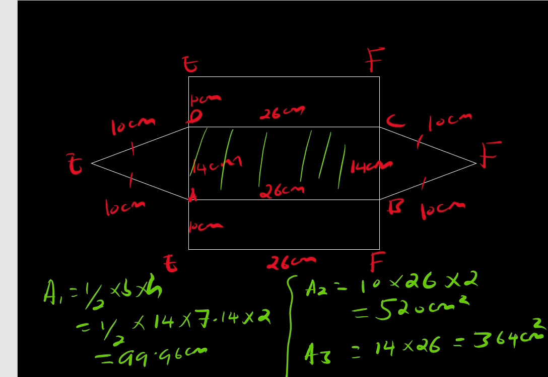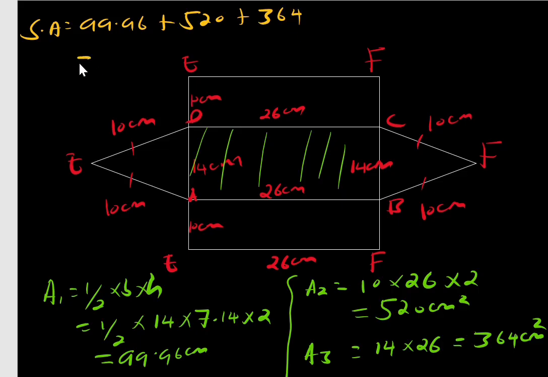Now the surface area will be the sum of the area of the faces. So I'm going to write here at the top: surface area will be the sum, so it will be 99.96 plus 520 plus 364.